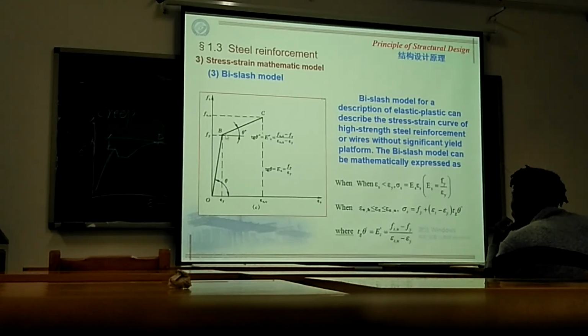The no horizontal line model, also the bilinear model for the description of the elastic plastic, can describe the stress-strain curve of the high strength steel reinforcement or wire without a significant yield platform. Can be mathematically expressed like this.